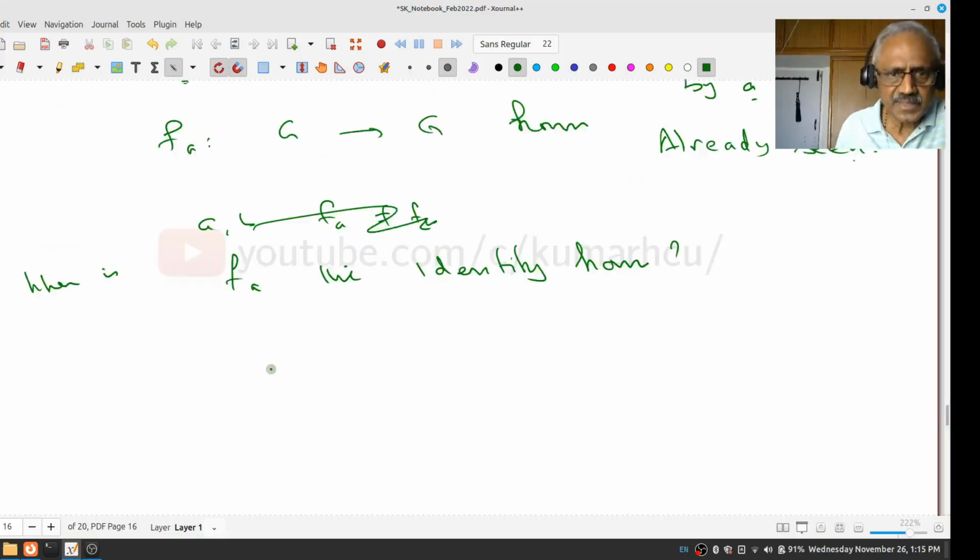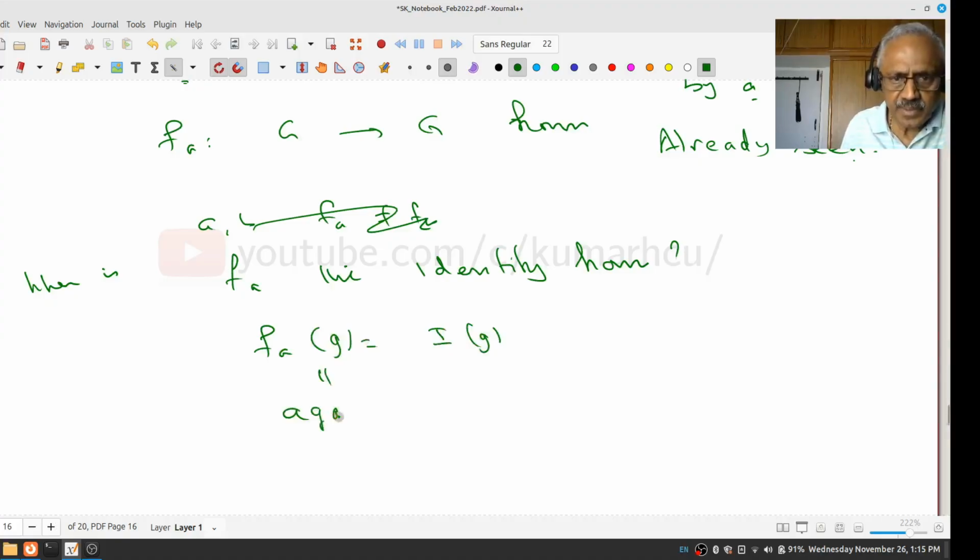That we have already seen. f_a is identity meaning what? f_a at g must be equal to identity at g, but f_a of g is a g a inverse, that must be equal to g. So multiply both sides on the right by a, then a g a inverse a equal to g a, that is a g equal to g a. This is for all g.